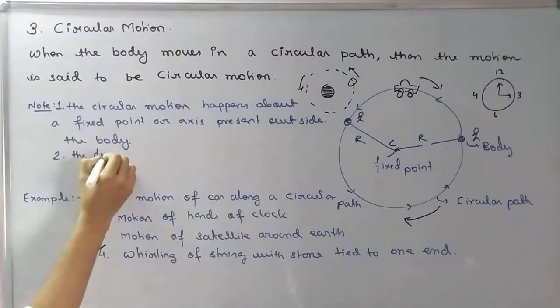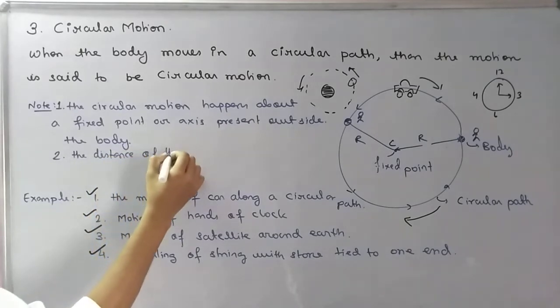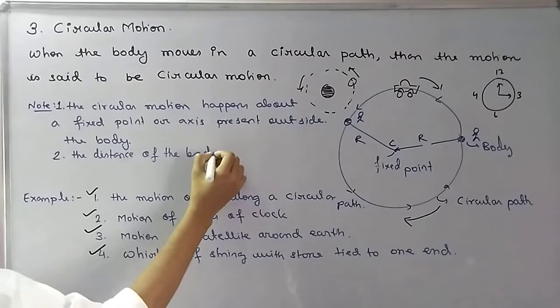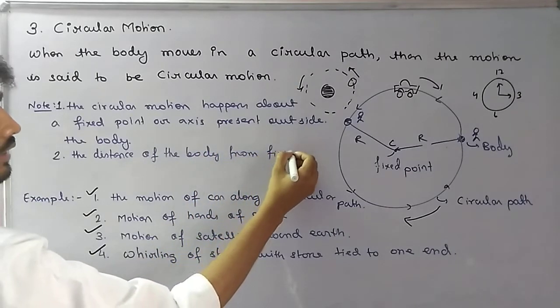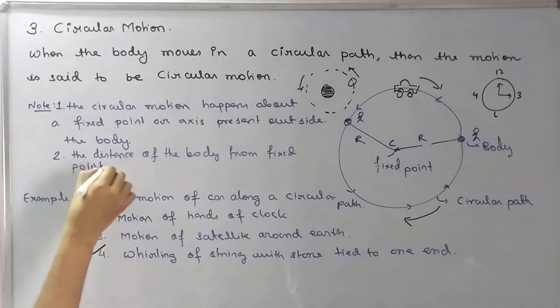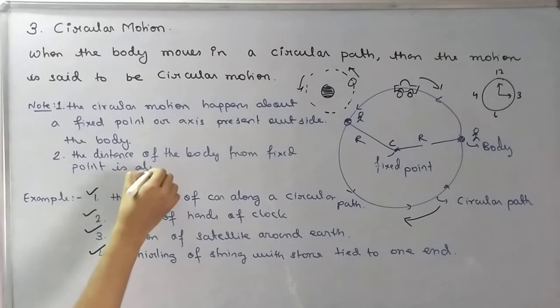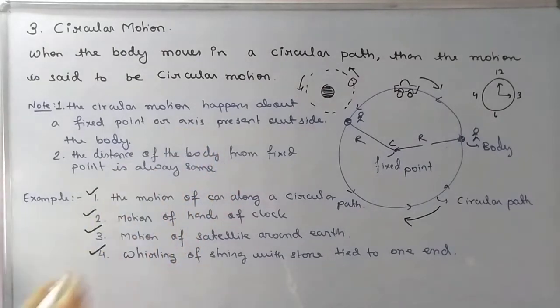The distance of the body from the fixed point is always the same for circular motion. I hope it's clear. What is circular motion?